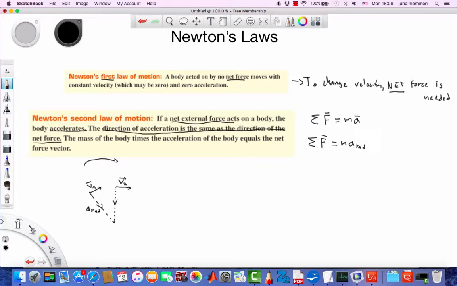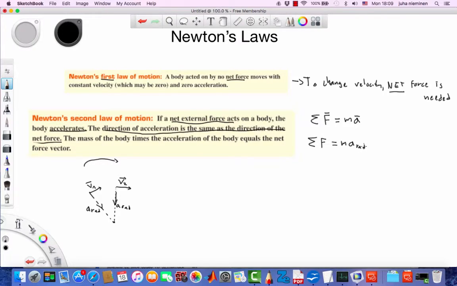Radial acceleration is always towards the center of the motion. And what is the magnitude of the radial acceleration? Let's remove the vector here, because we have to talk about magnitude and direction differently.